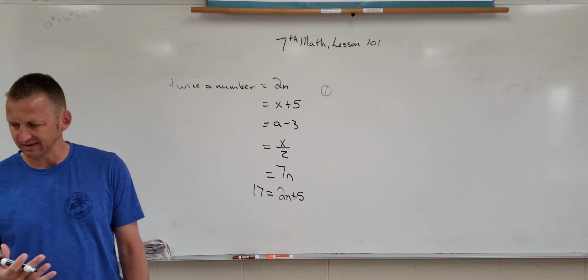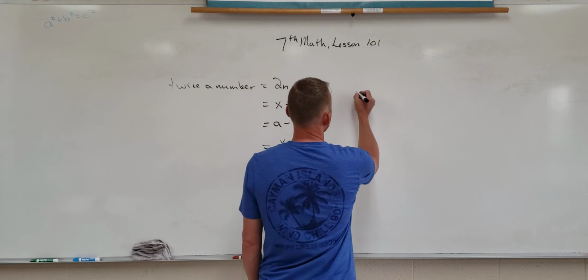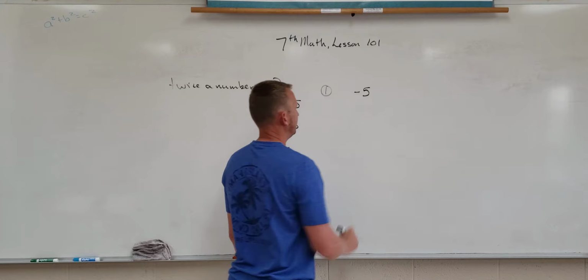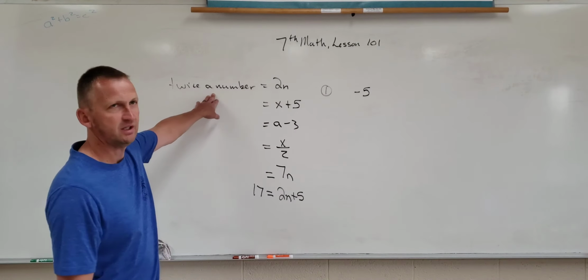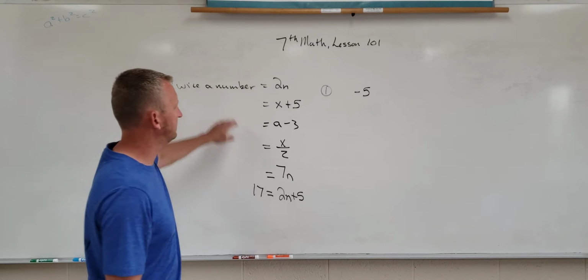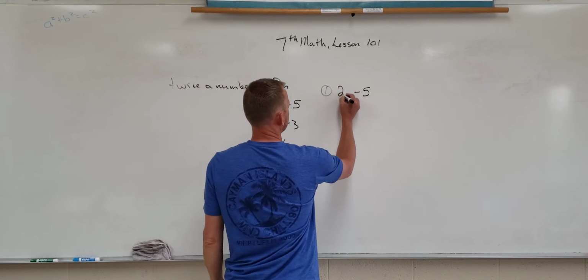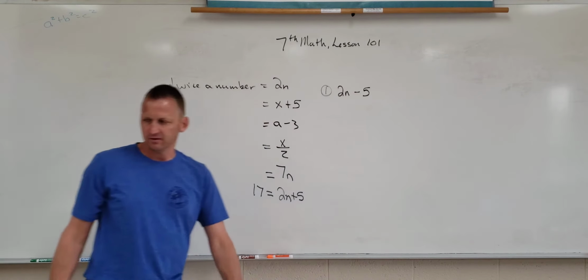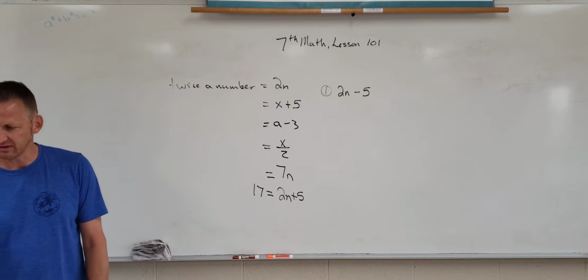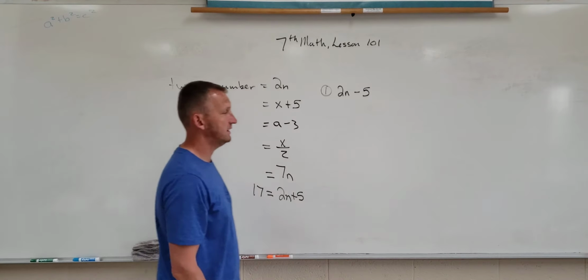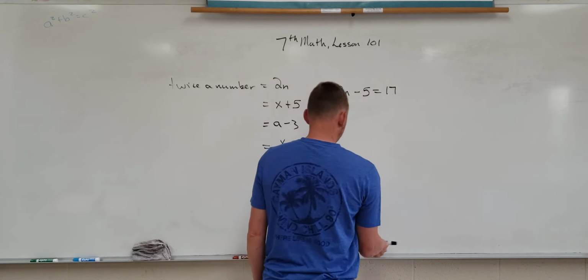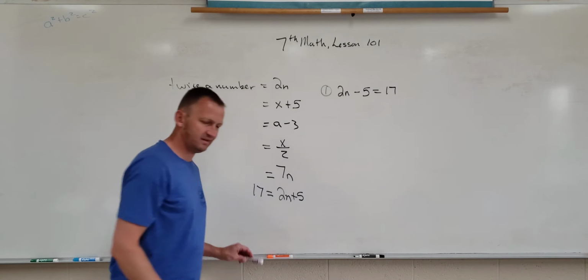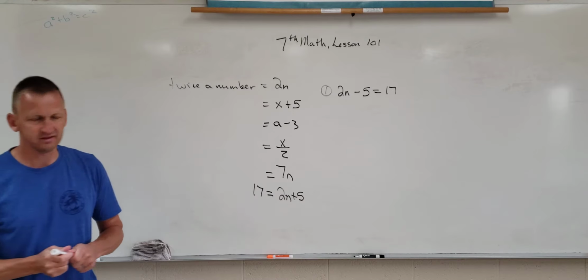Don't forget, less than means subtract. 5 less than twice a number. So we come back over here to our first little example. Twice a number is 2n. So 5 less than twice a number is, and is means equals, 17. And then it says, what is the number?